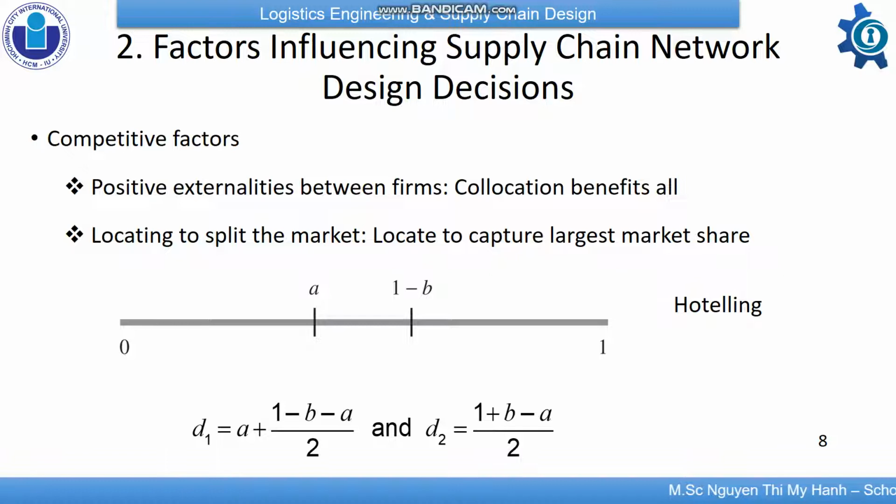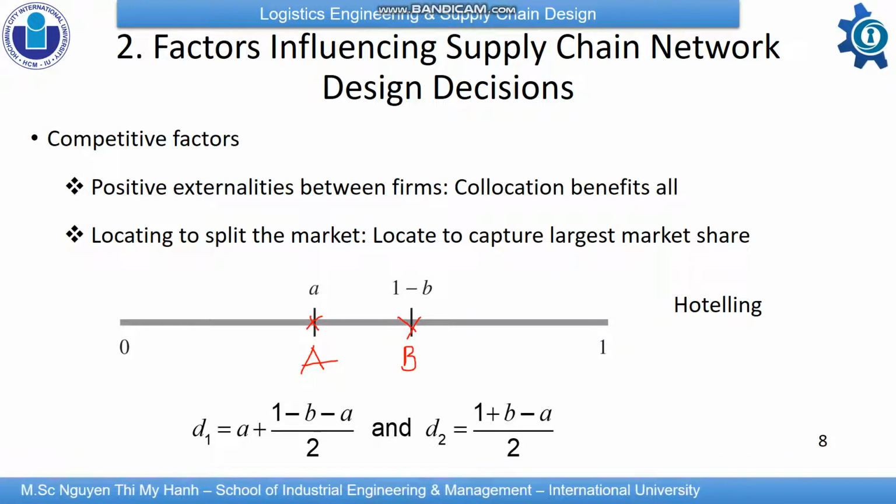So let's say we have two companies, company A and company B. We assume that the customers are uniformly distributed along this straight line, and the two companies A and B will locate here and here.